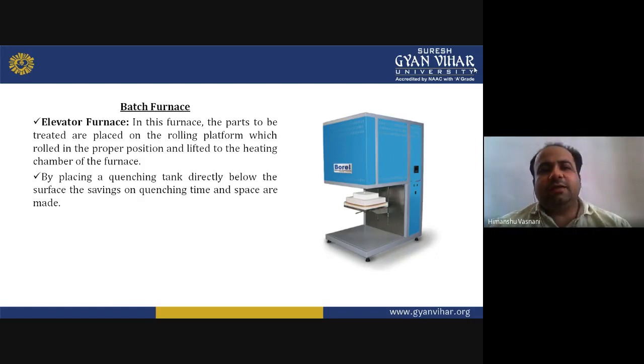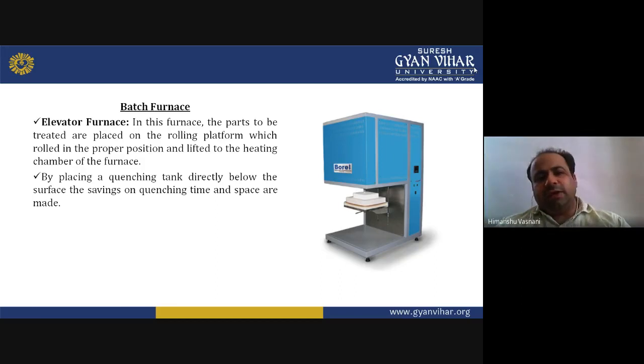The parts which you want to heat treat are placed on a platform, which goes in the proper position and is lifted to the heating chamber of the furnace. So an elevator kind of functioning happens, and it is called an elevator furnace.